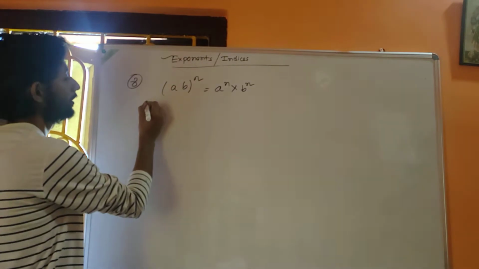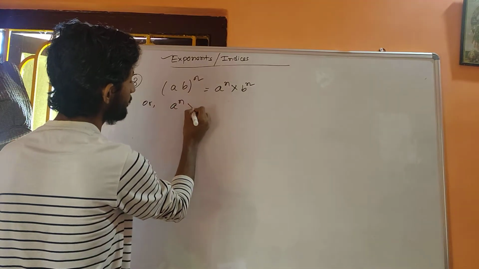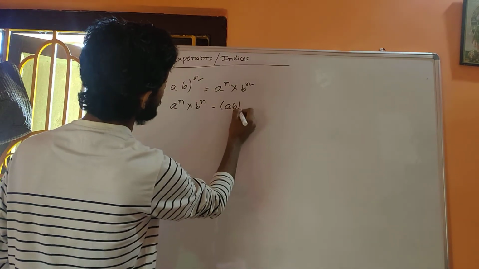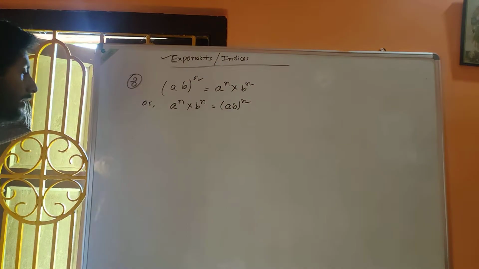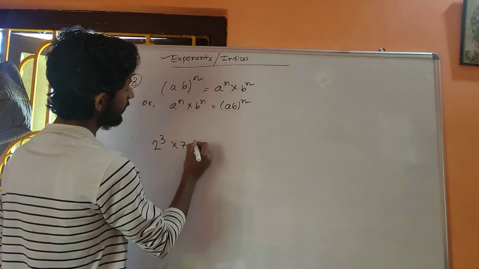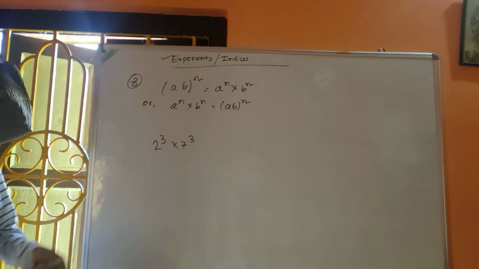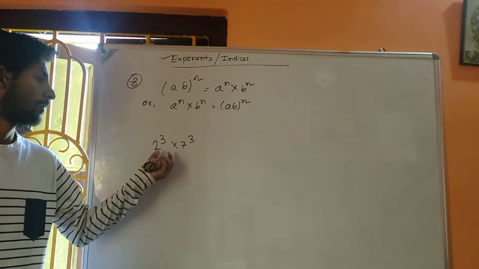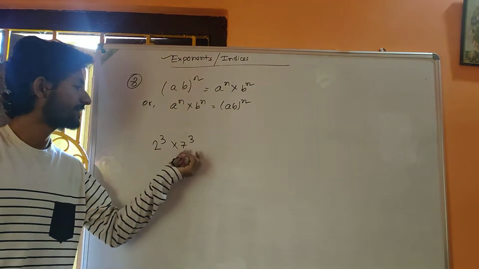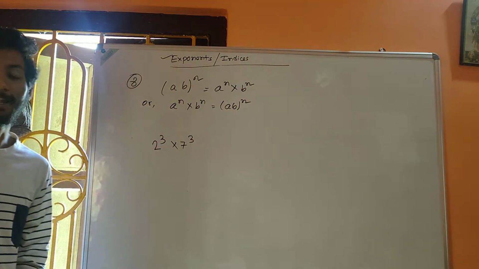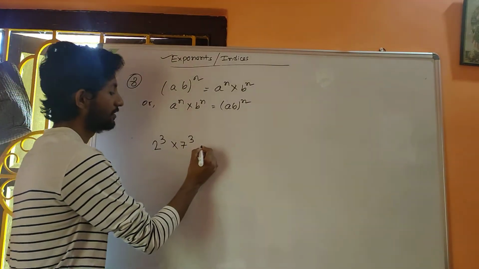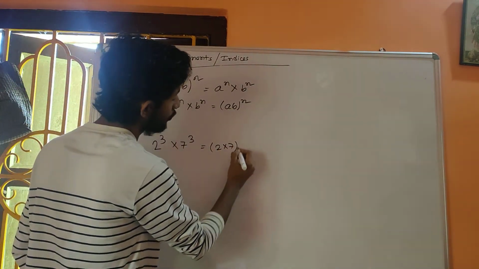Or you can say a to the power n into b to the power n equals a into b to the power n, which means 2 to the power 3 into 7 to the power 3. Now look, in the first rules we did by looking at the base. If the bases are same, then powers should be added, and if the power is same, then bases should be multiplied. 2 into 7 to the power 3.